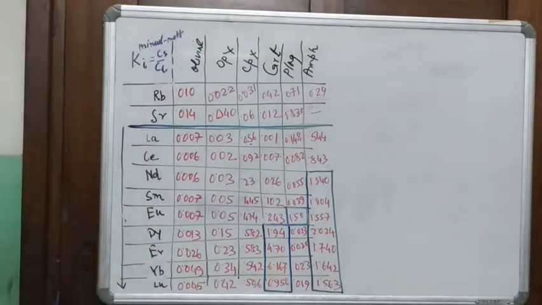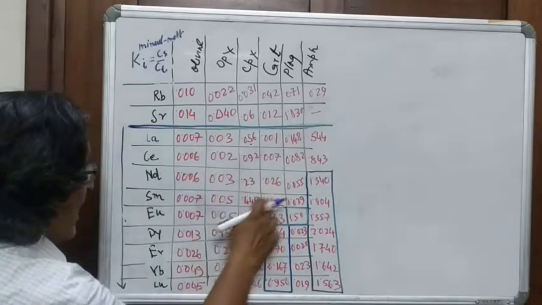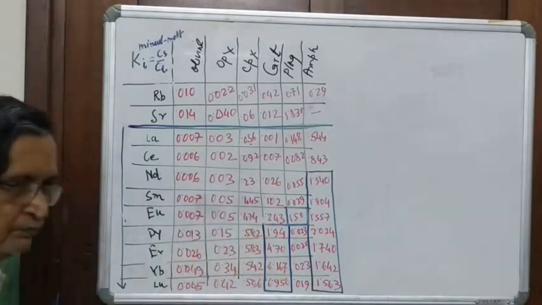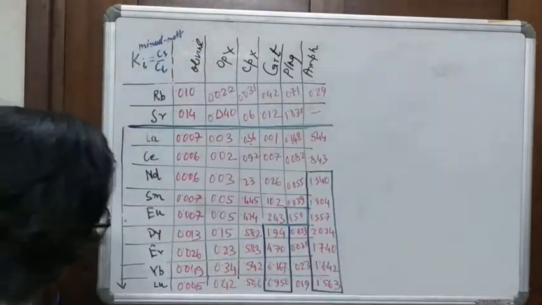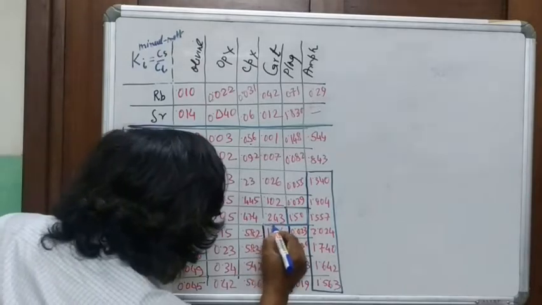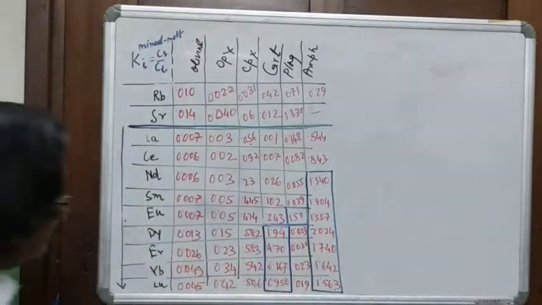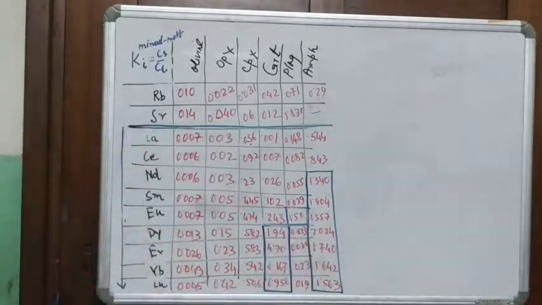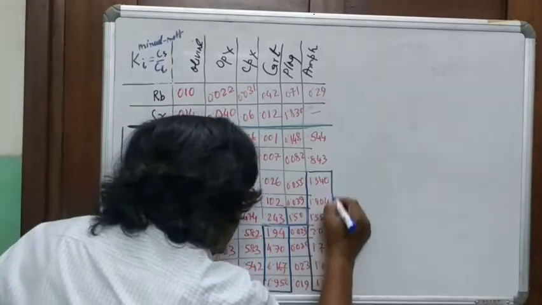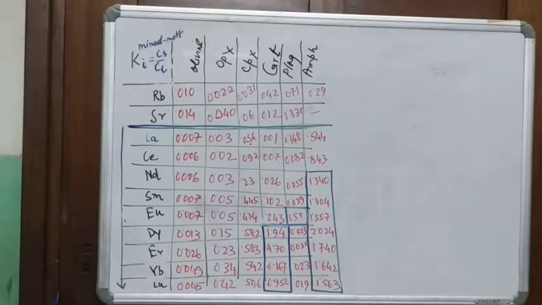But the most important part, if we look at the rare earths: all values are less than 1. Only these values for garnet are more than 1. This value for plagioclase is more than 1. And this set of values for hornblende is more than 1.